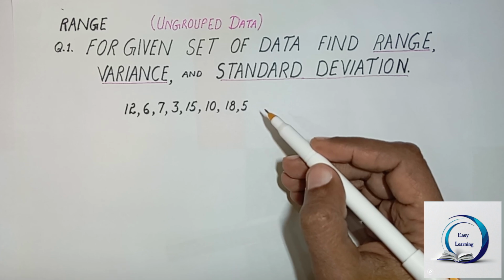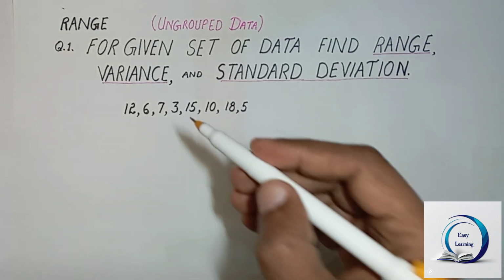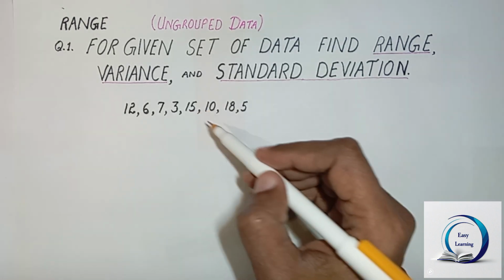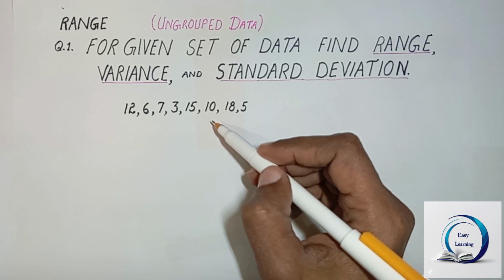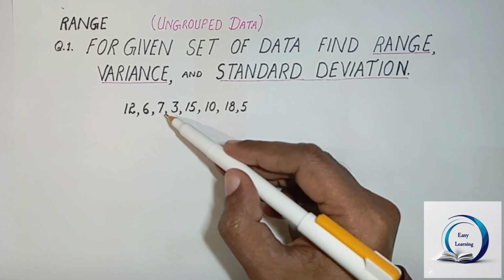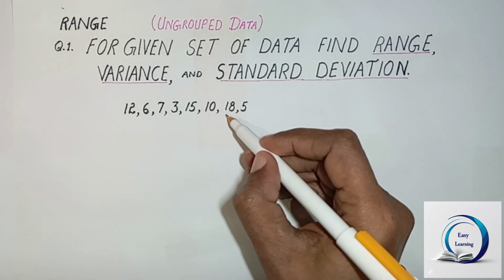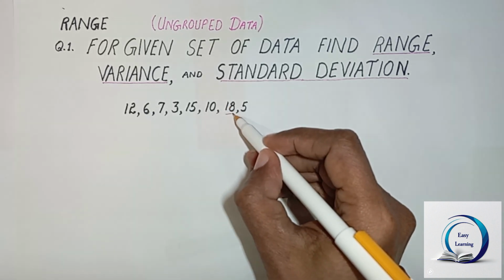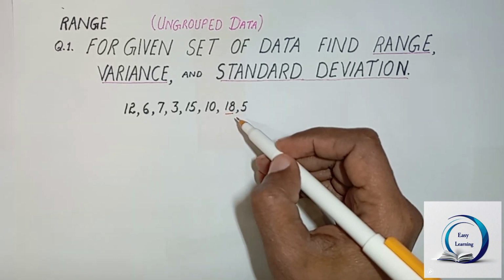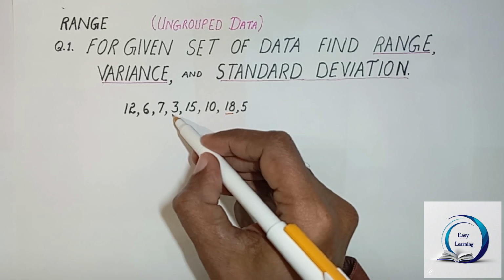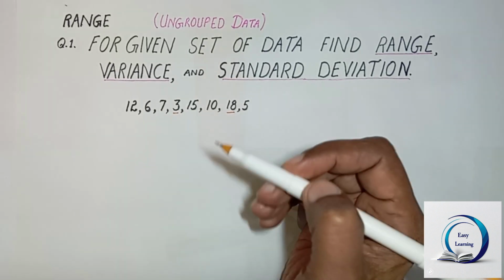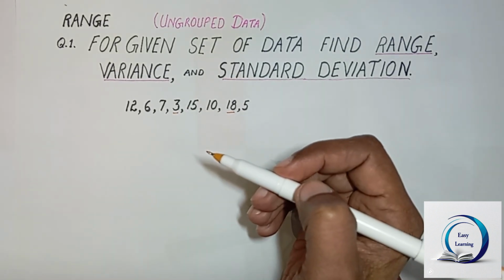To calculate the range of this set of data, we first find out the maximum and minimum value in this data. Here you can see that 18 is the maximum value and 3 is the minimum value.